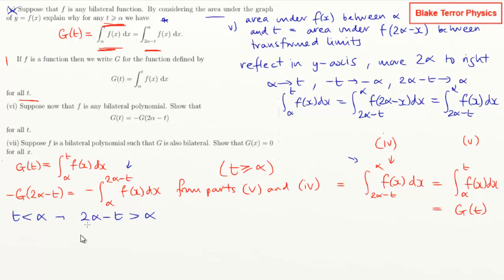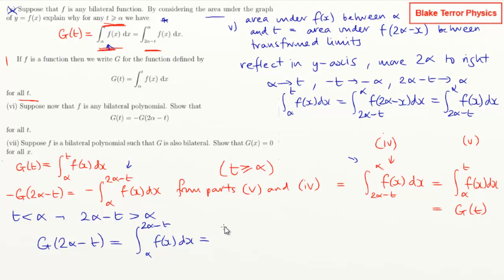Because in this case, if I just wrote this out, let's start with g of 2 alpha minus t is equal to the integral from alpha to 2 alpha minus t of f of x dx. And in this case, 2 alpha minus t is greater than alpha, so that fits with this bit here. It's the statement of this, so that's what I'm doing.